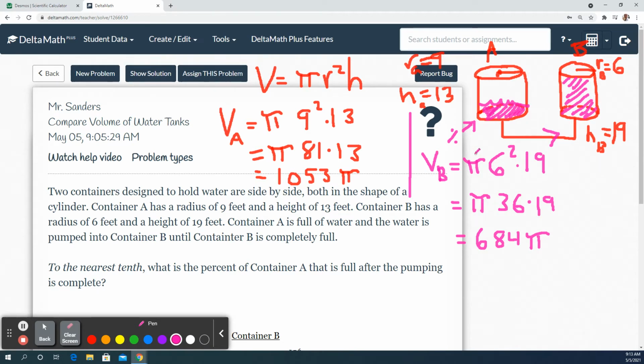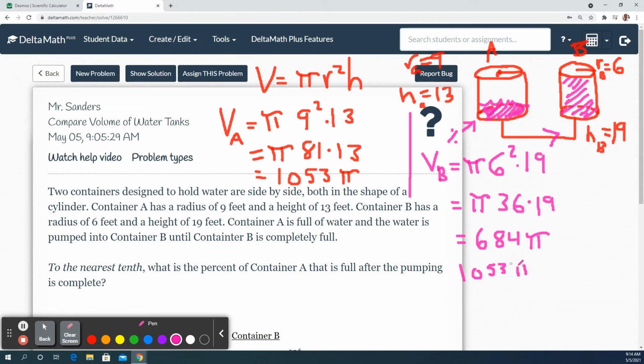Hopefully you can see what's going on here: the 684 is getting taken away from the 1053, and we're talking in terms of pi. So all of this is going out until this gets filled up, and then it stops and there's some left over.